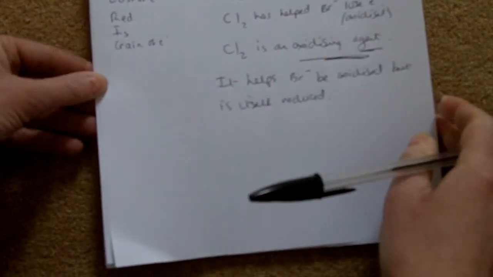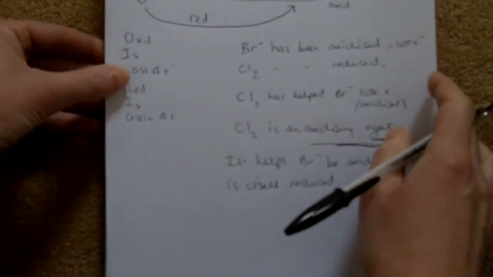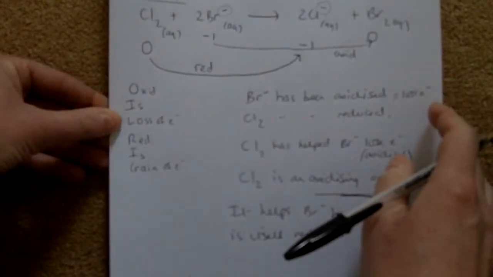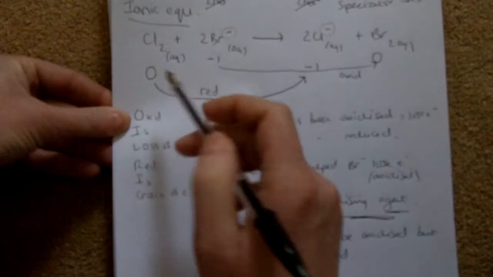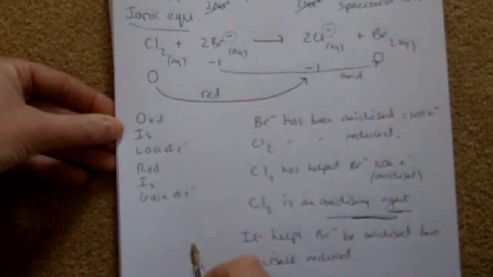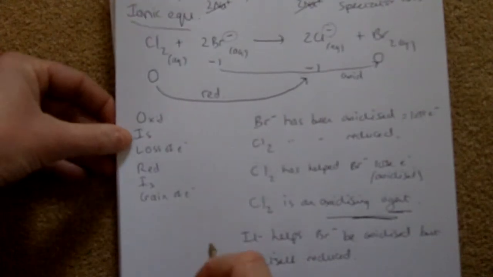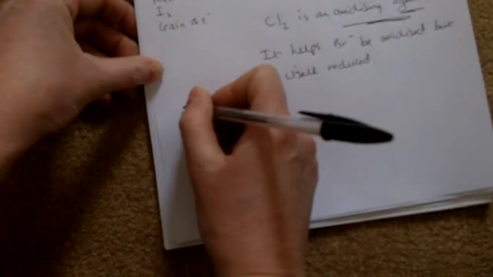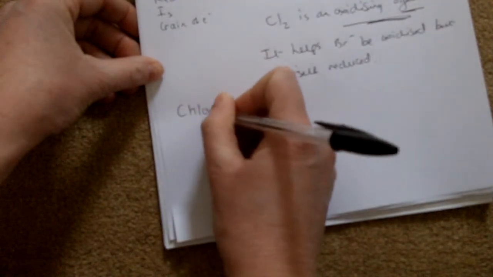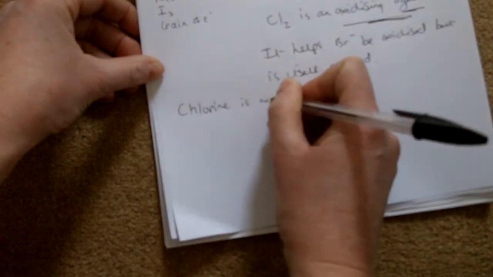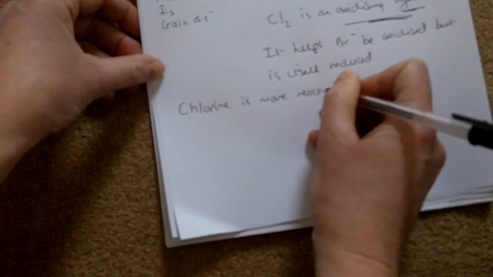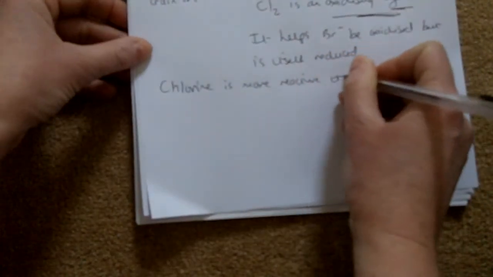Okay, so that is what is happening. But why is that happening? Why is chlorine removing the electron from bromide? That is because chlorine is more reactive than bromine.